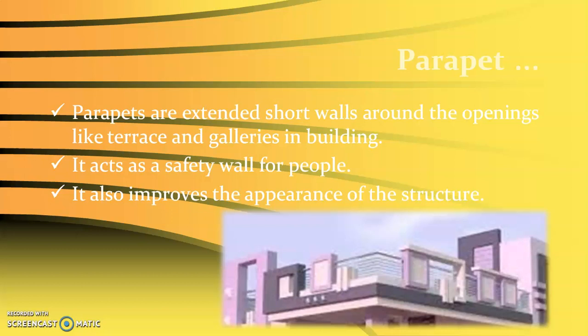So parapets are generally constructed around the openings, and their main function is to act as a safety barrier for people, making sure that they won't fall from a higher elevation. But currently it is also playing a major role in defining the elegance of the building. It makes the building more beautiful and attractive.